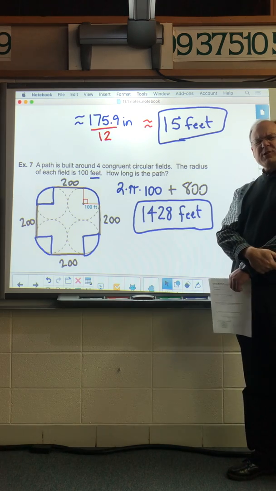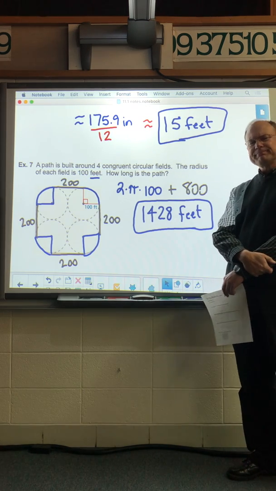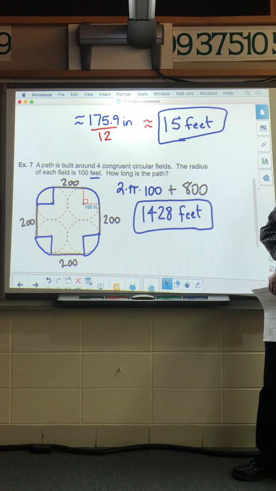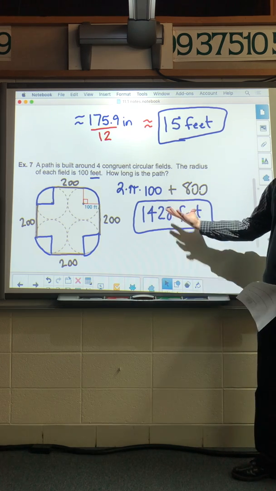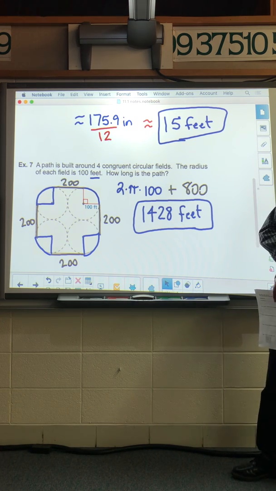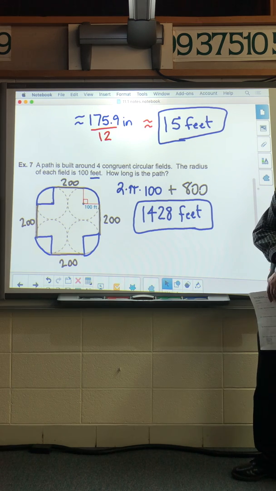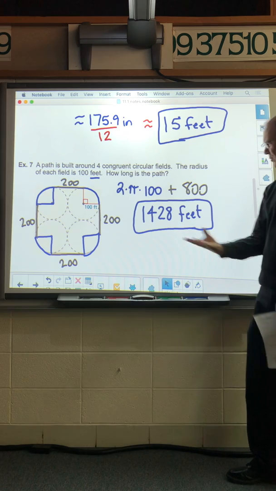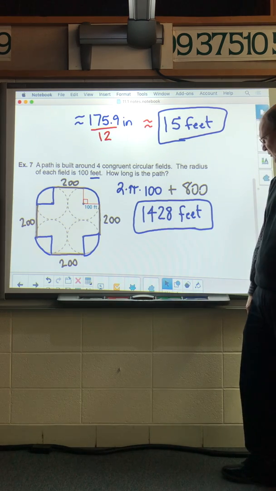Do you know how many feet are in a mile? 5,280. So you'd have to do, what, more than 3 laps. If you were walking, you wanted to get in a mile, 3+ laps.